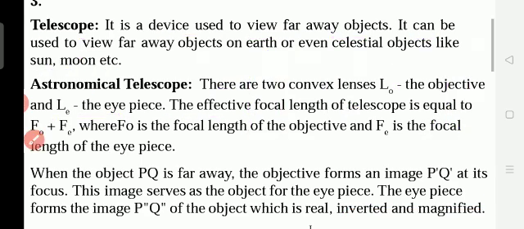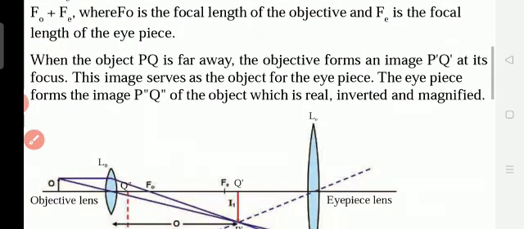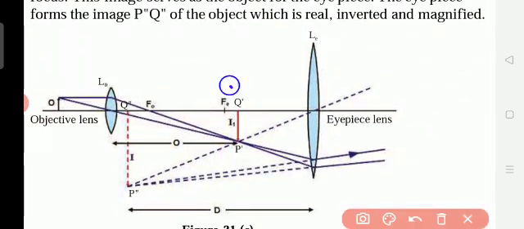The effective focal length of the telescope is equal to F0 plus FE, where F0 is the focal length of the objective and FE is the focal length of the eyepiece.